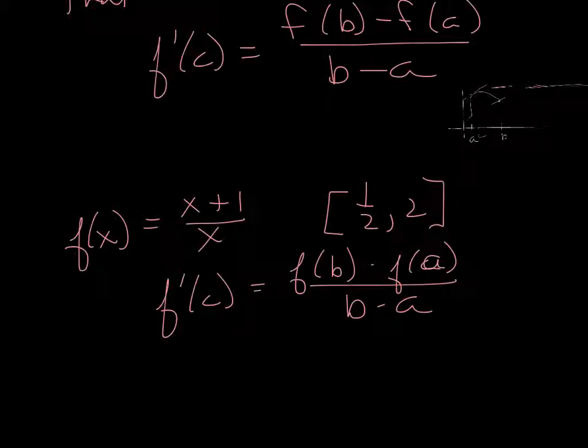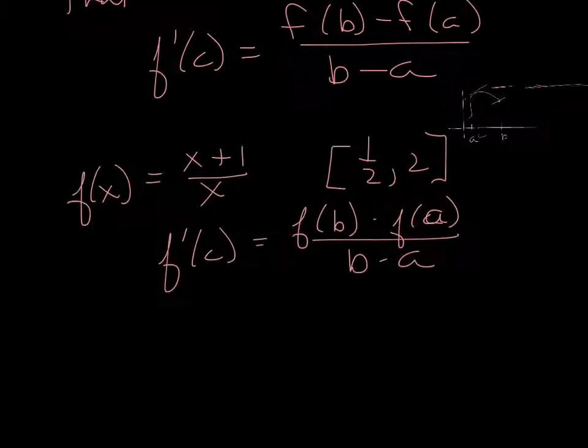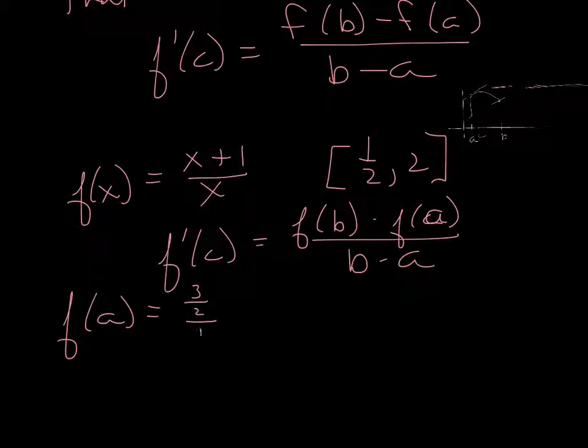All right, so we need to figure out what is f of b and what is f of a. So what is f of a when x is 1/2? That's going to be 1/2 plus 1, 3/2 over 1/2, which is 3.